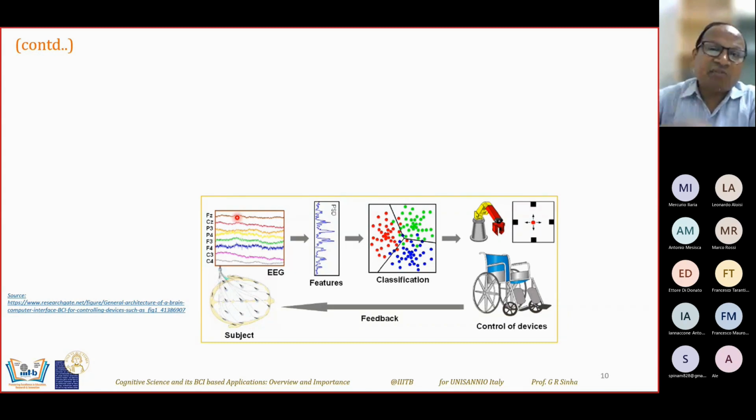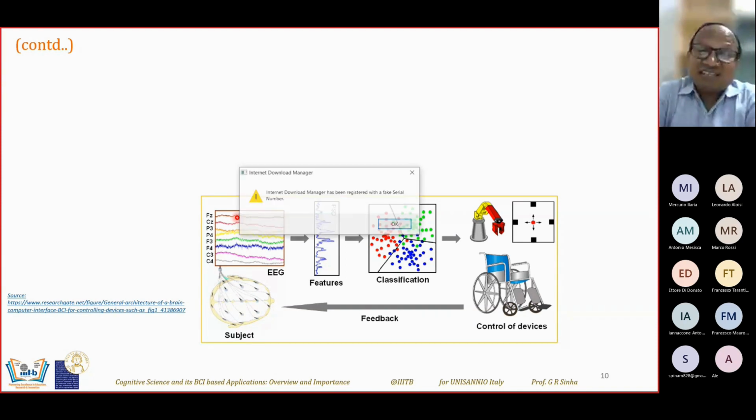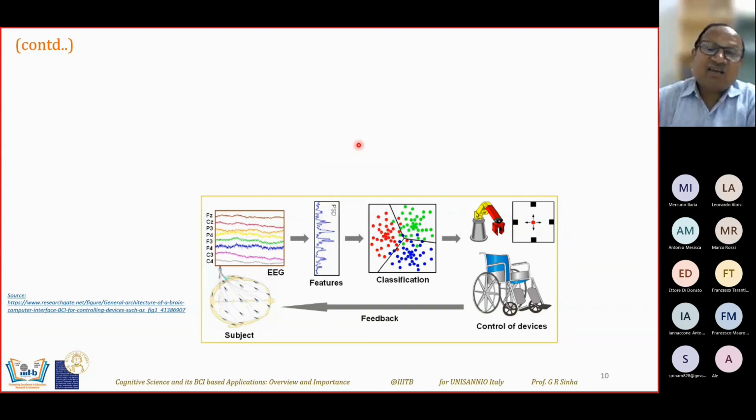If you noticed in the beginning, I told you it is electroencephalograph. So it is basically an electrical signal. How do we get an electrical signal? Does our brain generate electrical signal? The answer is of course yes. Big yes. So these are the electrical signals.